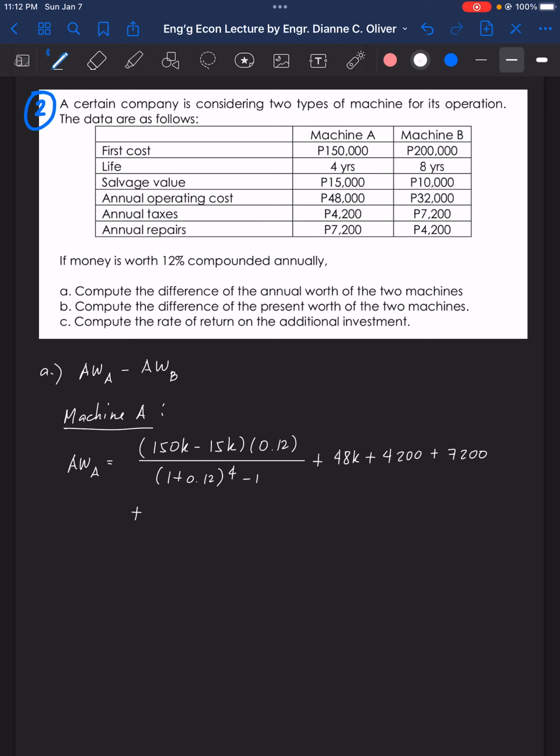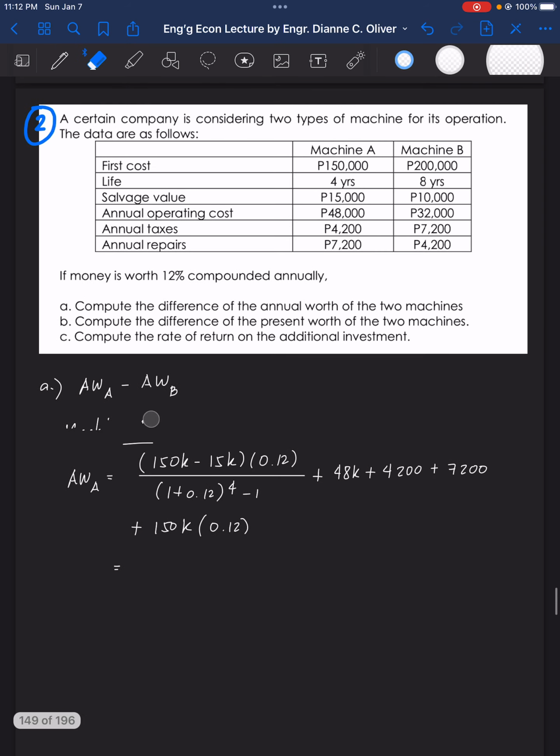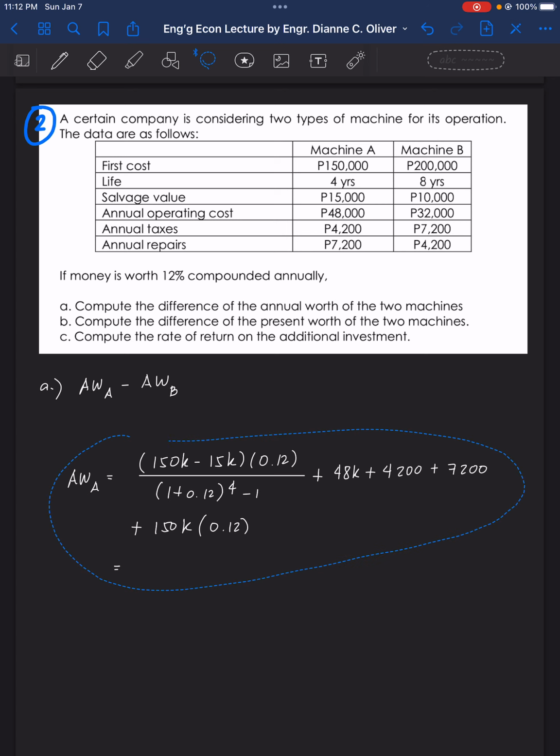And don't forget the interest on investment, and that is 150,000 times 0.12. So that's for the machine A, or let's just say simply annual worth A.